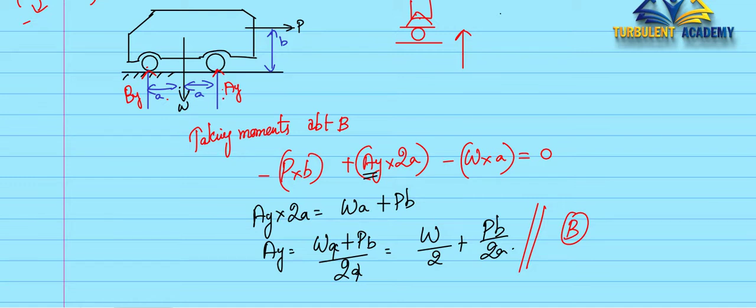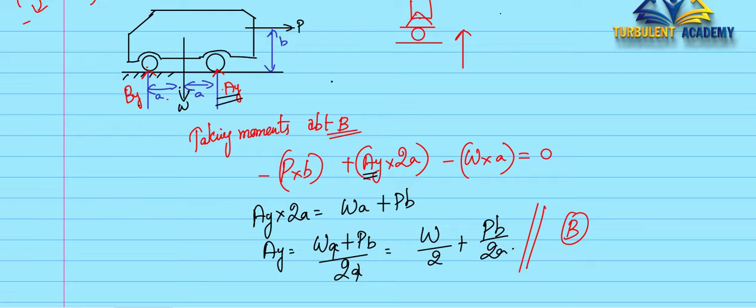And you can even solve it by taking moments about A and finding out the value for B. The method is the same. Just like we have taken moments about B over here, we could take moments about A. In that we'll get P, W and BY, right?